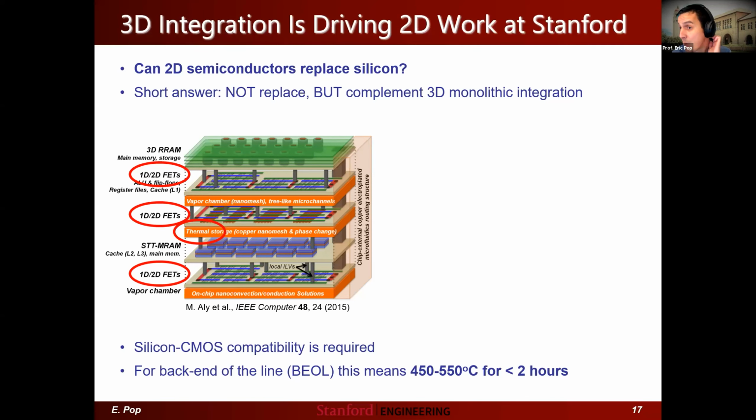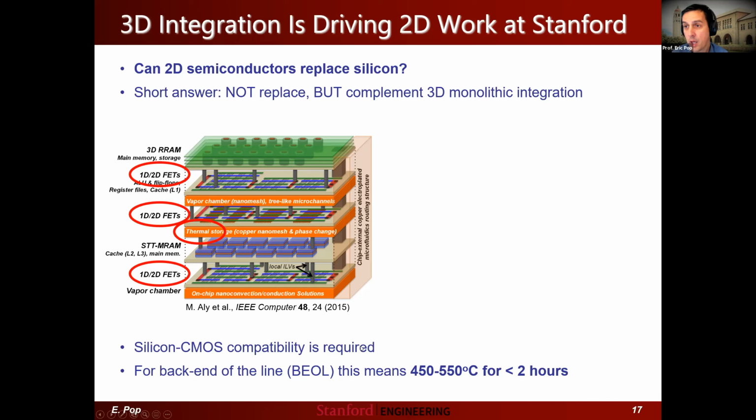But there are some things where, maybe being an optimist, I think 2D materials are better than silicon, and one is this kind of 3D integration scenario. The thing is, silicon compatibility is required. If you're going to stack things in 3D like this, this is called back end of the line integration in silicon language.